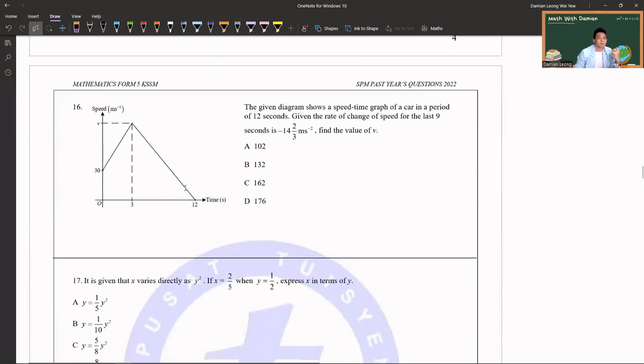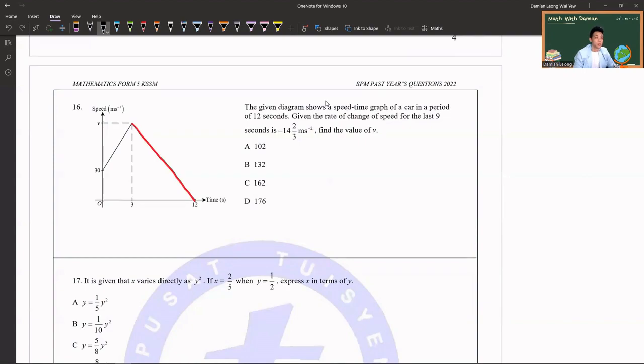Question 16. Okay, I have the speed against time graph. And I'm given the rate of change of speed for the last 9 seconds is negative 14.2/3 meter per second. So for the last 9 seconds means this part of the graph. If I want to find the value of V, I look at the gradient to compare the rate of change of speed.